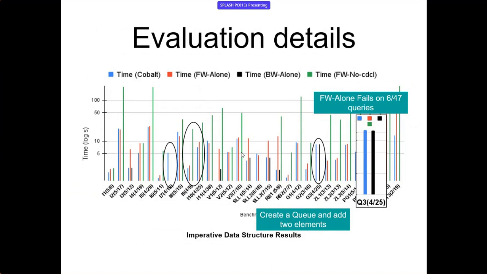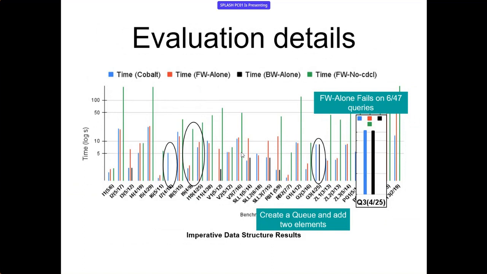The more interesting cases were those like the Q3 cases, where Cobalt and the backward synthesis both were able to find the solution. What happens here is that the specification of the libraries is so rich that the backward synthesis alone is able to find the solution, and that solution is right away used by Cobalt.